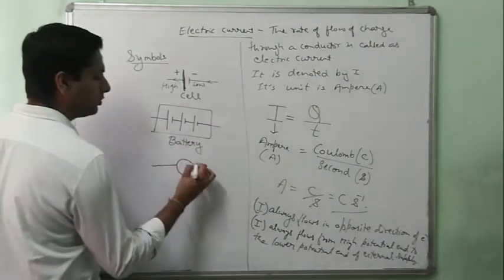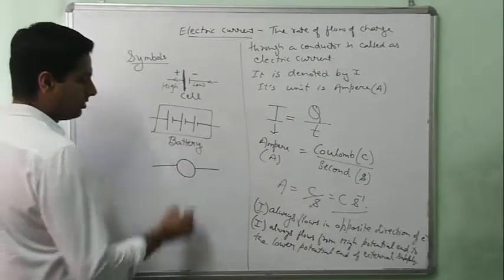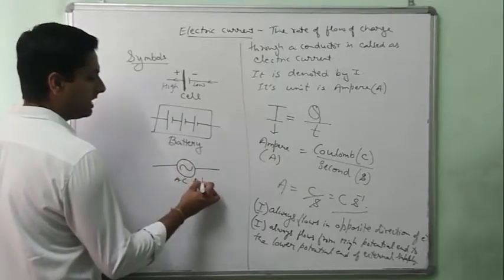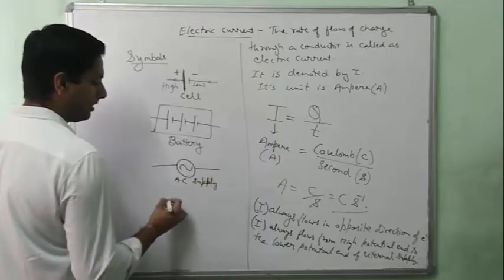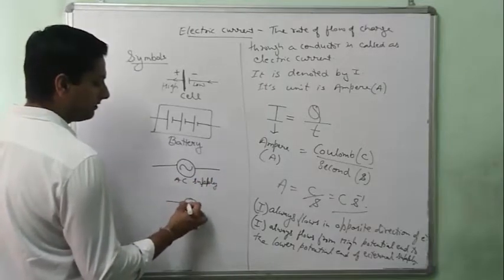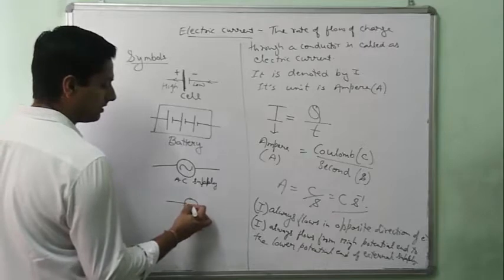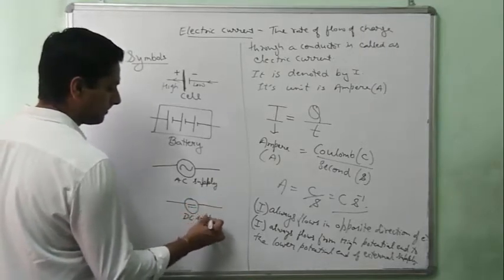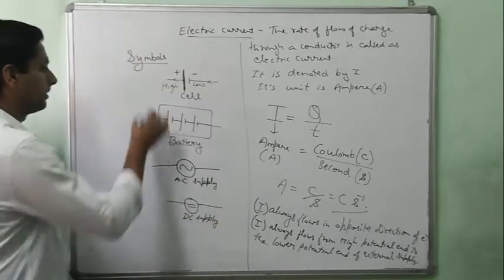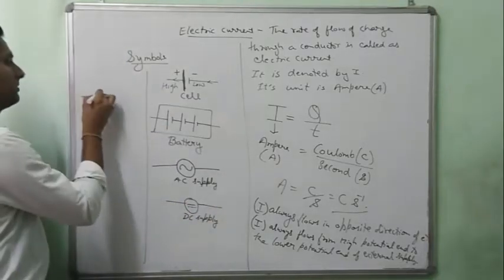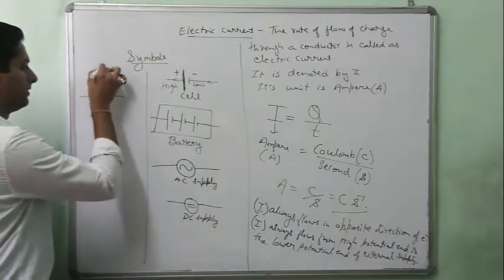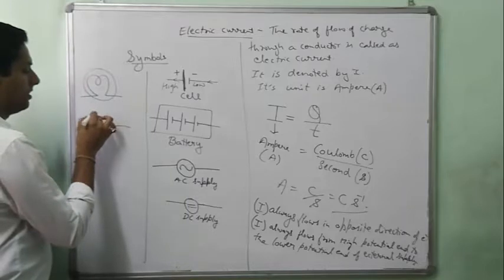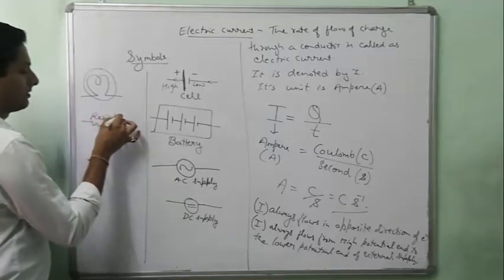There are generally two types of power supplies. One is AC power supply, which has this symbol, and one is DC supply, which has this symbol. Okay, this is the symbol of a bulb. This is the symbol of a resistor.